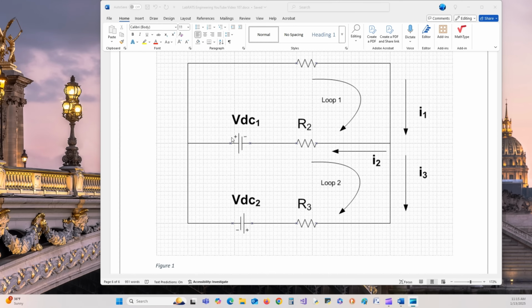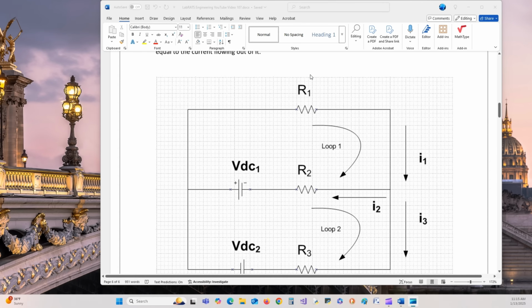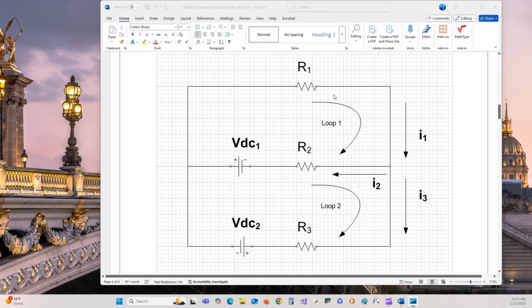So as we come in, we go through VDC plus R1 times I1. It comes out as a negative, though, so it'd be a negative R1 times I1. This comes through here. This is negative. This becomes positive.